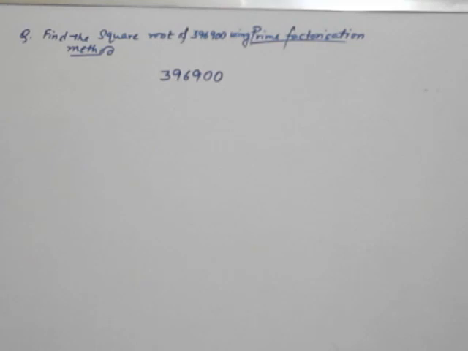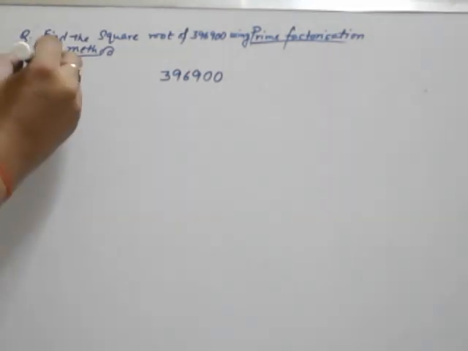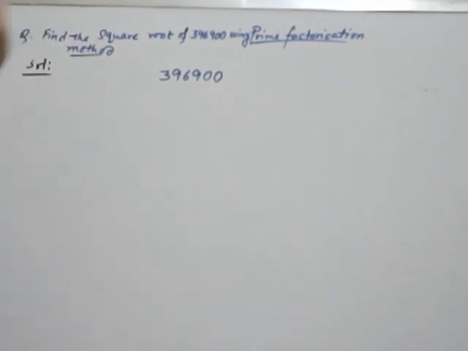So first you find the prime factorization of 396900.